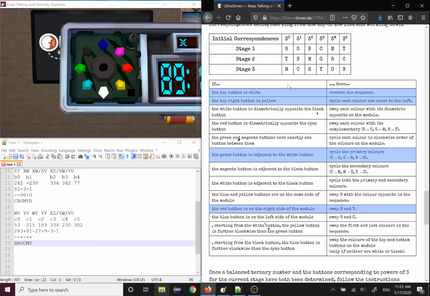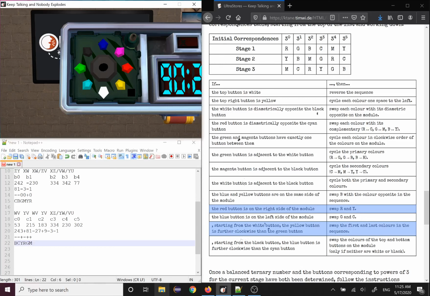But so yep, there are a lot of mistakes in this module. And so let's hope I can actually submit things this time.